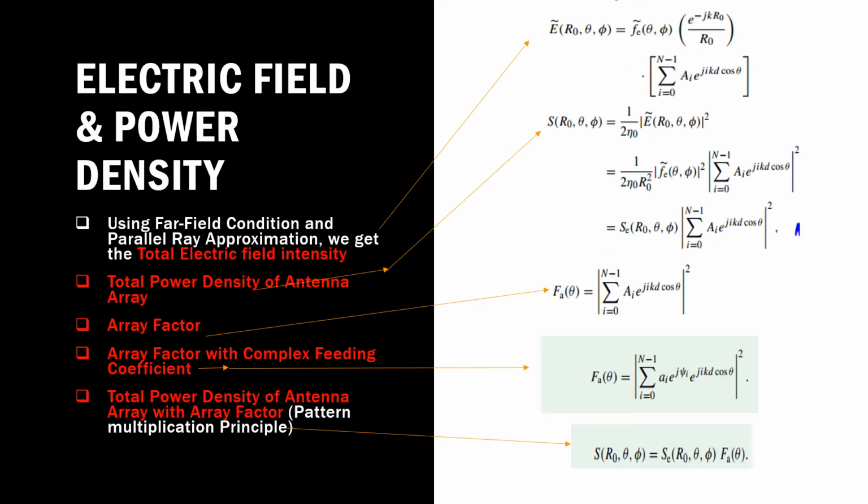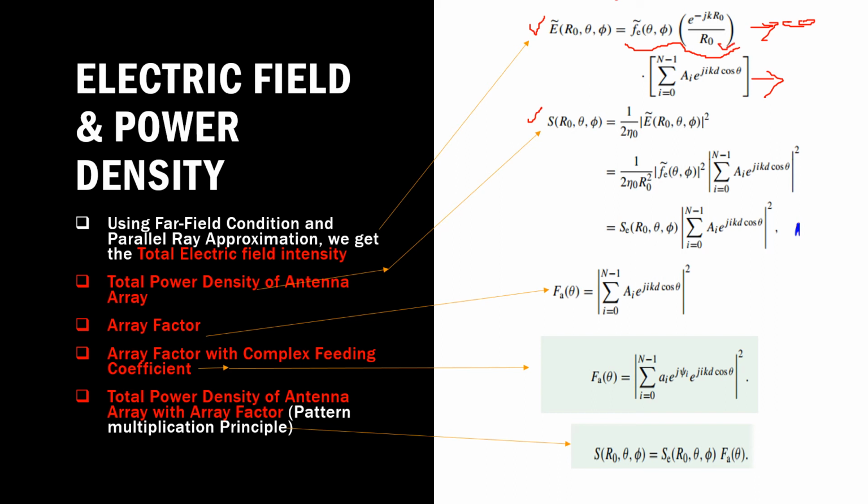Now it's time for us to think about the electric field and the power density of the whole antenna array. The equations for them are given here and here. The first two factors are considered to be constant, whereas the last factor is a variable.